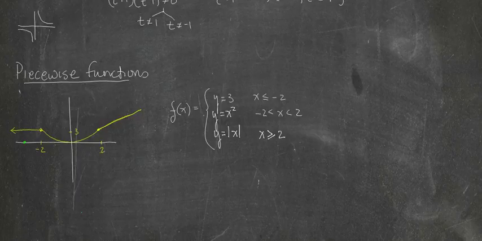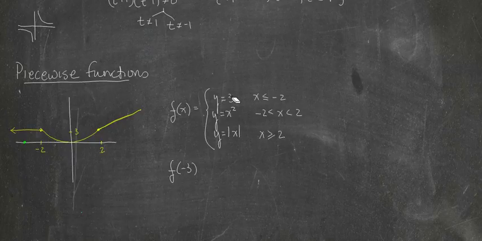If I want to know what f of negative 3 is, for example, I wouldn't plug negative 3 into each of these functions, because negative 3 is only defined in the function y equals 3. So the function at negative 3 is 3.